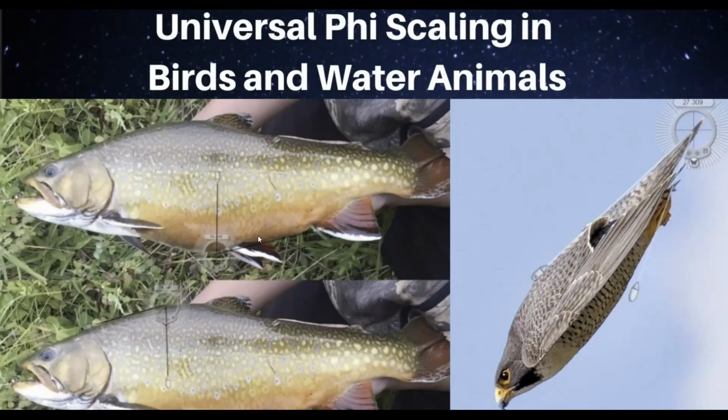We've got other pictures of fish from the view of the top, and you'll see that both in the horizontal and the vertical plane for both birds and water animals, we're going to see that this geometry exists, and that makes sense because if you want to reduce your friction and the drag so that you can fly or swim more easily, you're going to want to see this scaling geometry in all dimensions. So on the left, again, we have the trout, and on the right, we have the Peregrine falcon, which is the fastest diving bird on the planet.